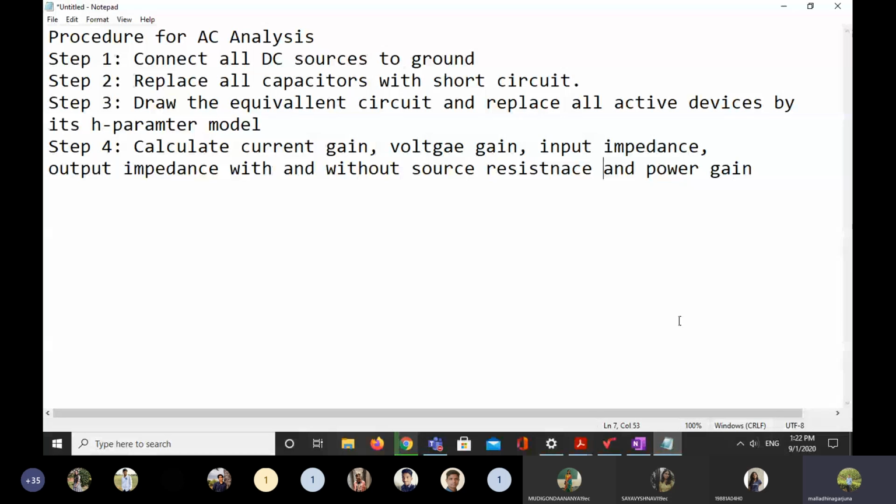Okay, now let us come to the topic. Just to recall your H parameter model, I will show you the H parameter model of the CE amplifier now.